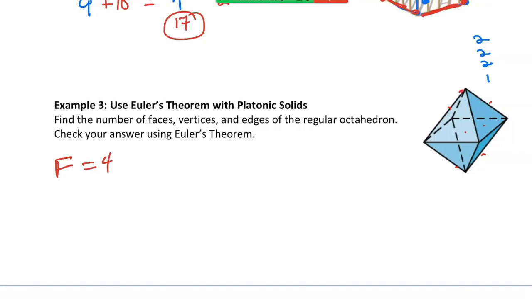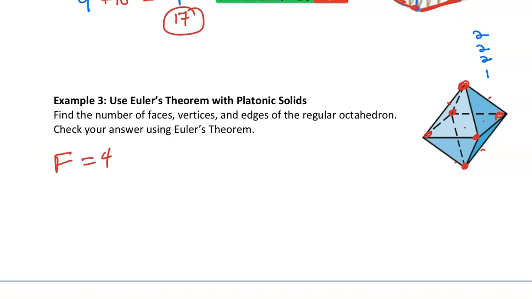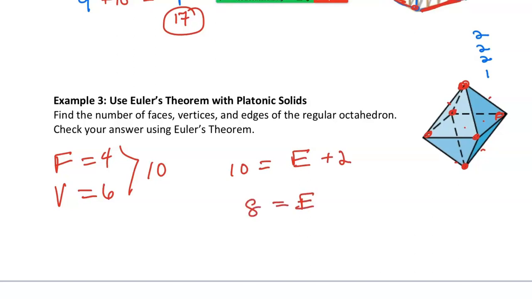How many vertices do we have? 1, 2, 3, 4, 5. And then I think 6 is down here, and that's all the vertices. So vertices is 6. That makes 14. So 14 has to equal the number of edges plus 2. Subtract 2 from both sides, and 12 equals the number of edges.